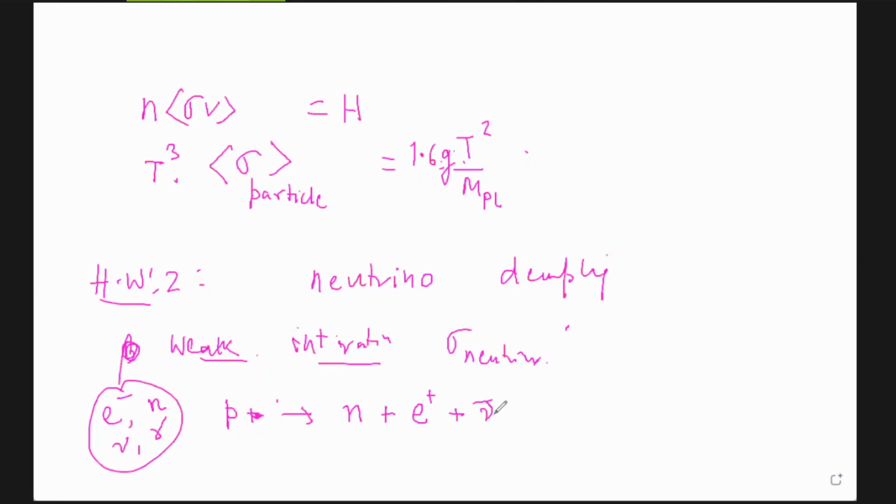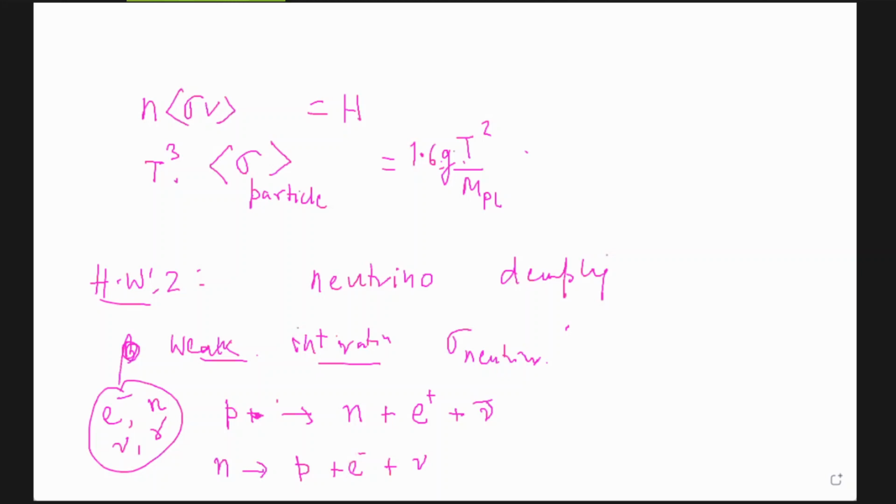If you do it another way, neutron going into a proton plus electron plus anti-neutrino. If you take it to the other side, the reverse can also happen. In particle physics, the reverse can happen. If you change the side, then it becomes electron, and anti-neutrino becomes neutrino, something like that.